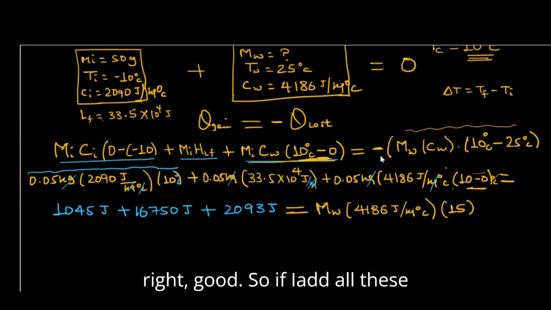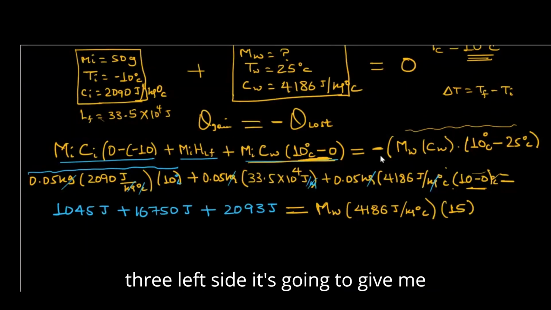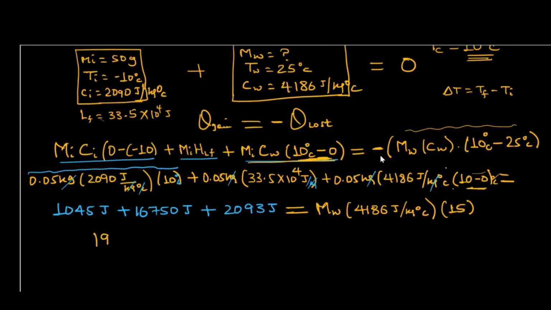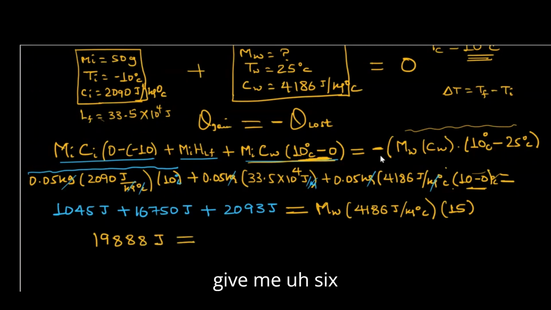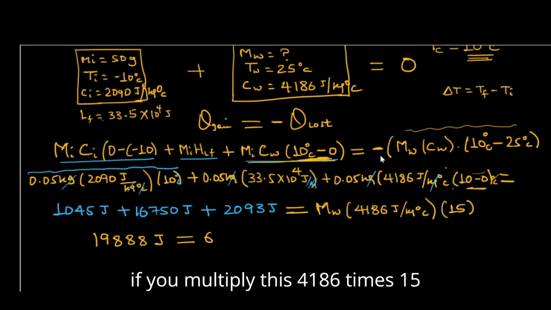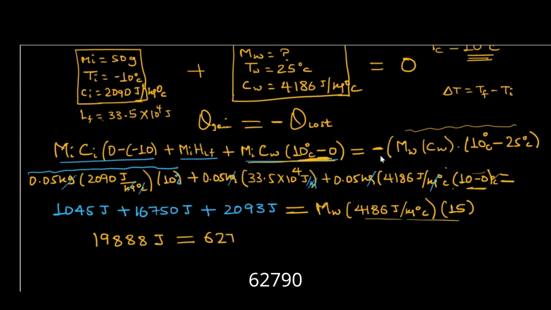Okay, good. So if I add all these three on the left side, it's going to give me 19,888 joules. And then the right side: if you multiply 4186 times 15, that's going to give me 62,790 times the mass of the water.